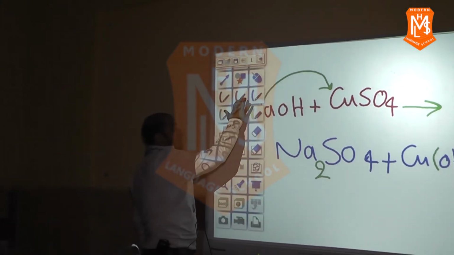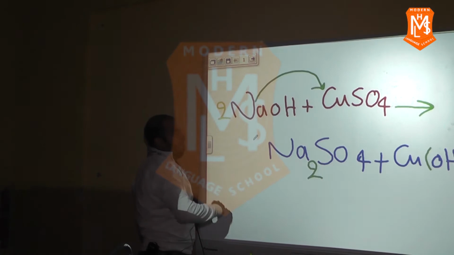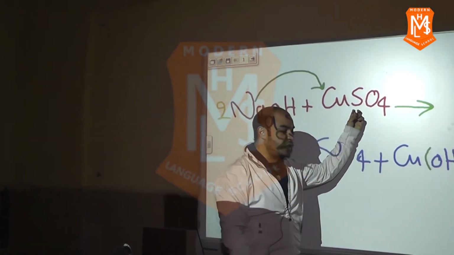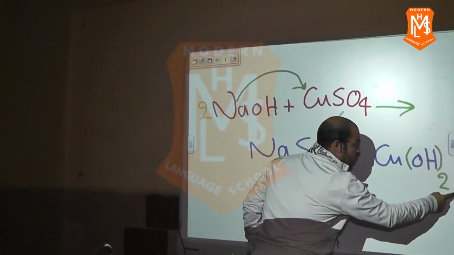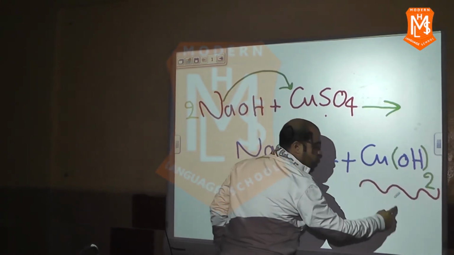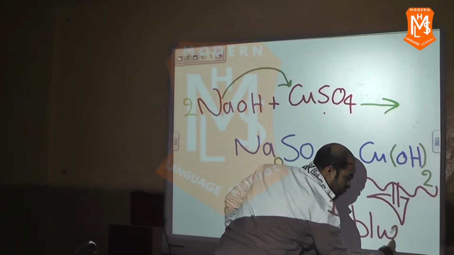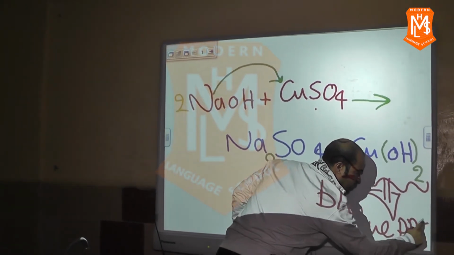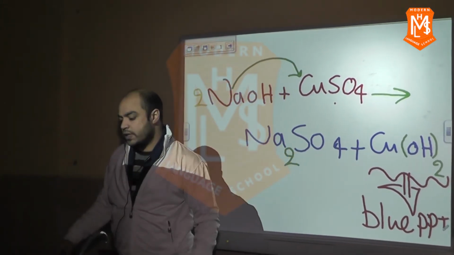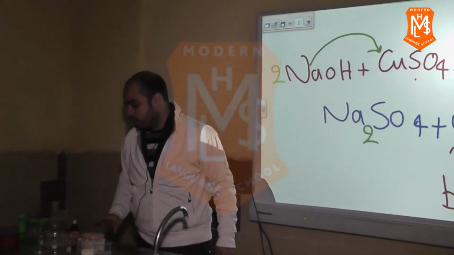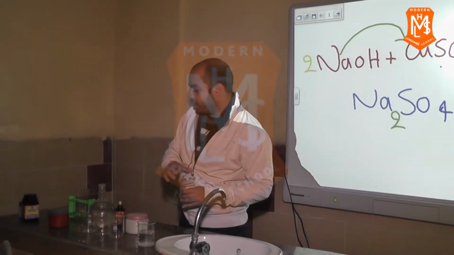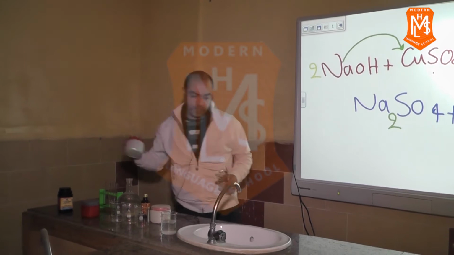But when we add sodium hydroxide to copper sulfate, we will note the formation of a blue precipitate. Now we will do this experiment to show how the copper sulfate is replaced by Na.